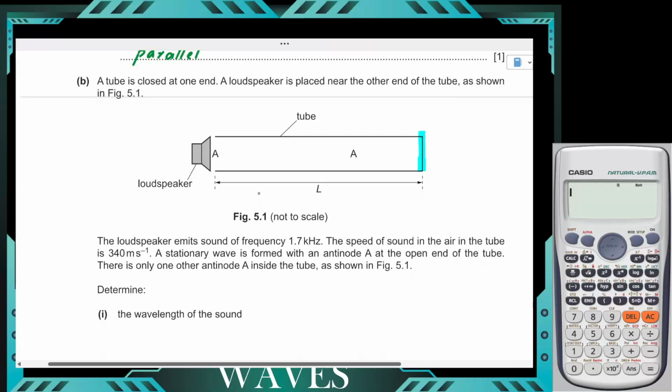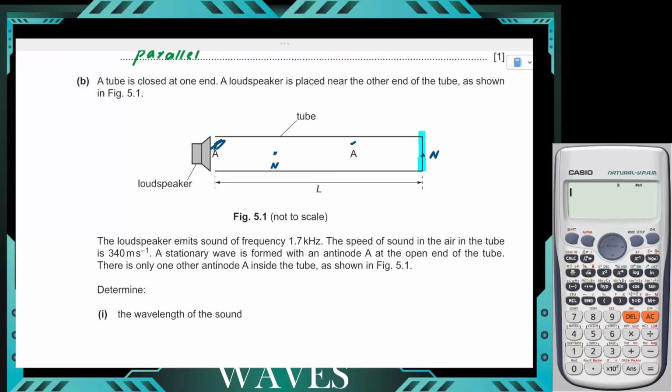At this point we have an antinode, and at the closed end we must have a node. At a closed end we always have a node. So if I try to complete the diagram, between two consecutive antinodes there would be a node in the middle. So the first antinode is over here.